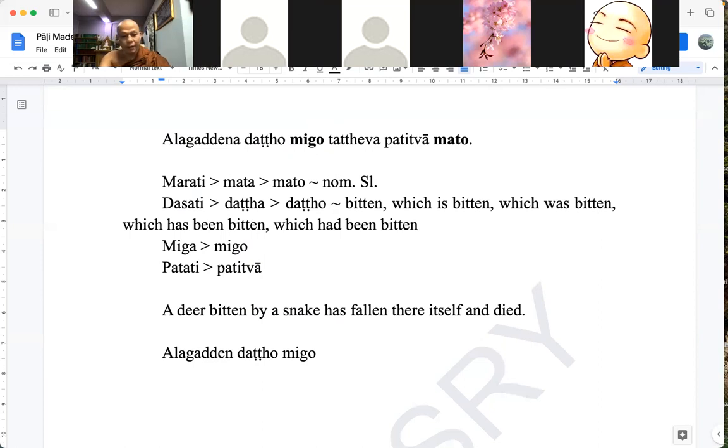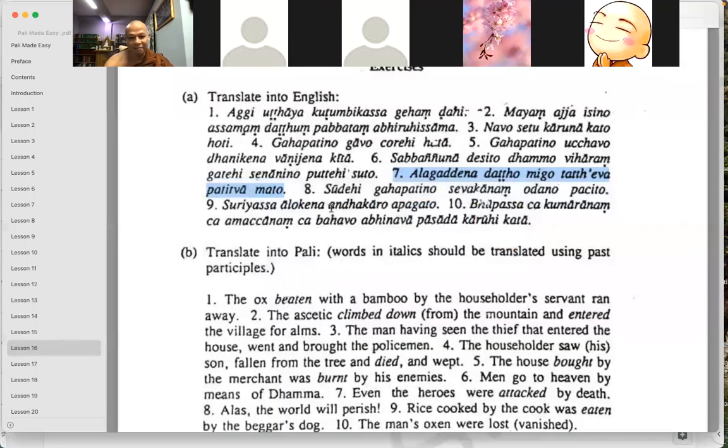Okay, and then now the next sentence. Sudehi gahapatino sevakanam odano pacito. Sudehi, and so on. So who can try? Sudehi gahapatino sevakanam odano pacito.